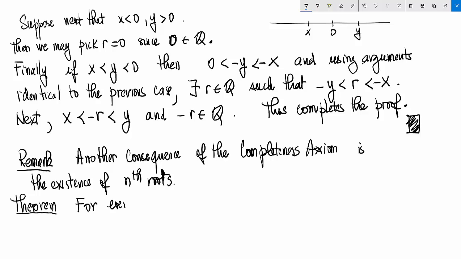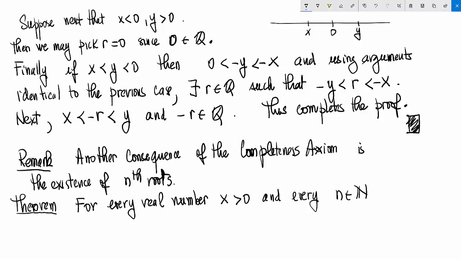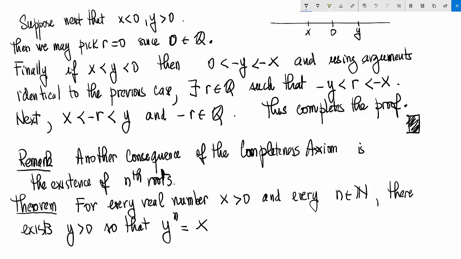For every real number x which is positive, and every natural number n, there exists y which is positive, so that y to the power n is equal to x.